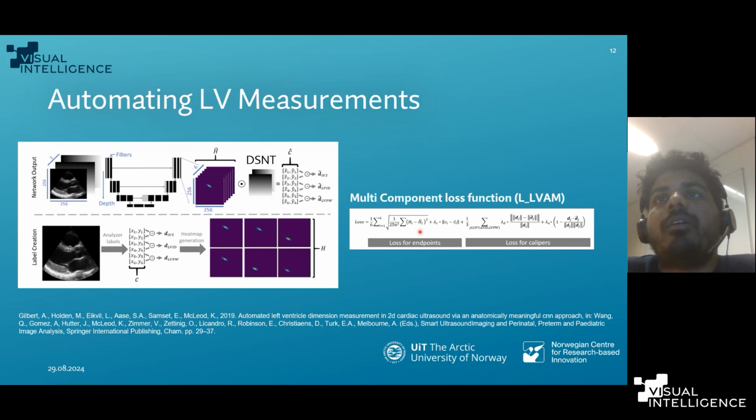This multi-component loss function has a loss based on the heat map regression, and they also include losses corresponding to the L2 distances between the coordinates, and they measure the distance measure and form a loss based on that, and also the angle.